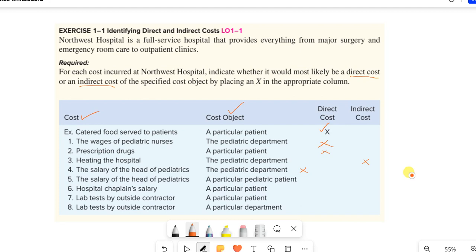The salary of heads of pediatrics to a particular patient, indirect cost. Hospital chaplain salary, a particular patient, indirect cost. Lab test by outside contractor to a particular patient, it will be direct cost.